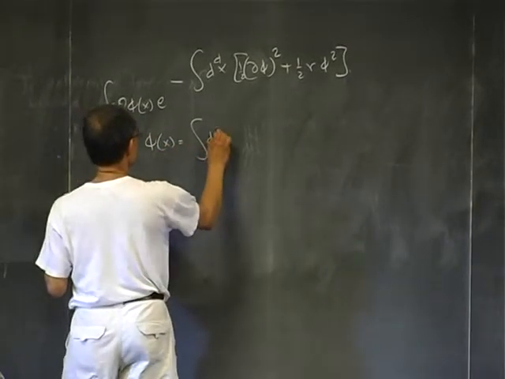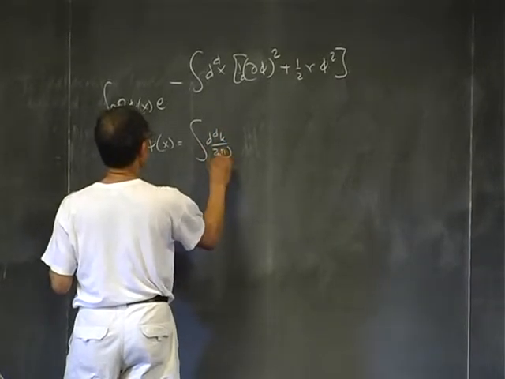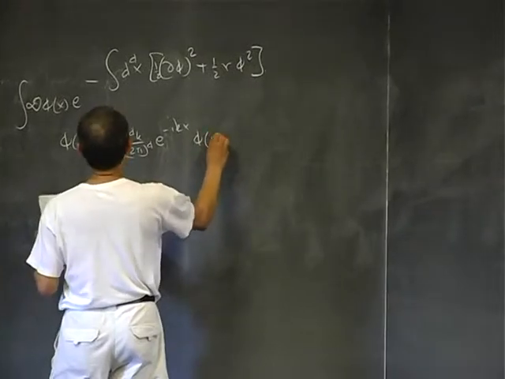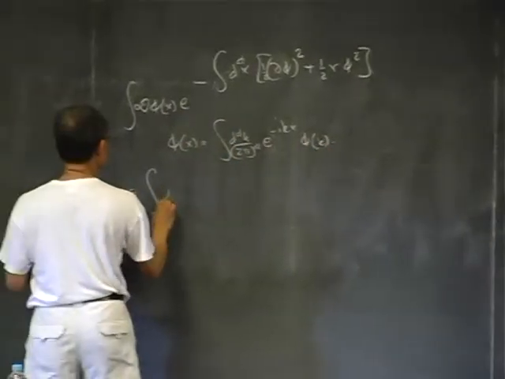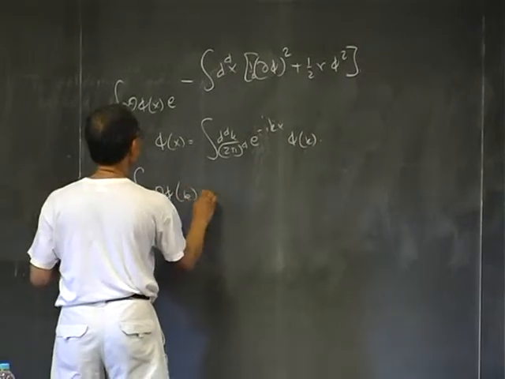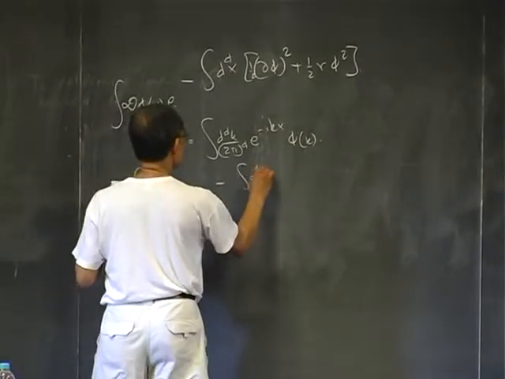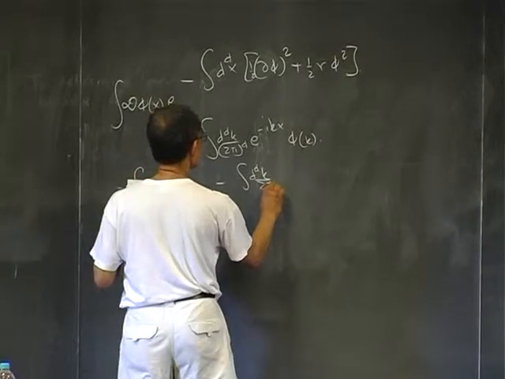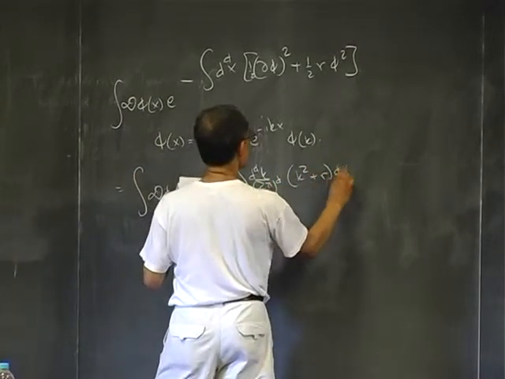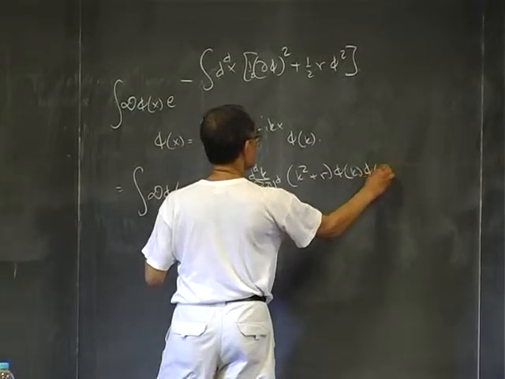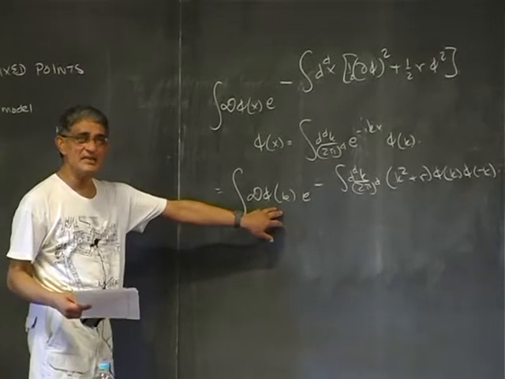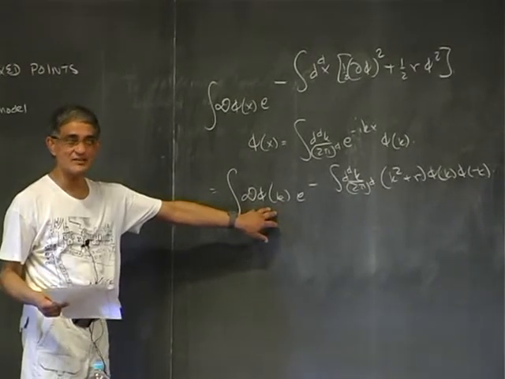I'll use a continuum notation. This is a Fourier transform of that field. So this integral just becomes symbolically, and then I gave you an exact meaning of what is meant by this.